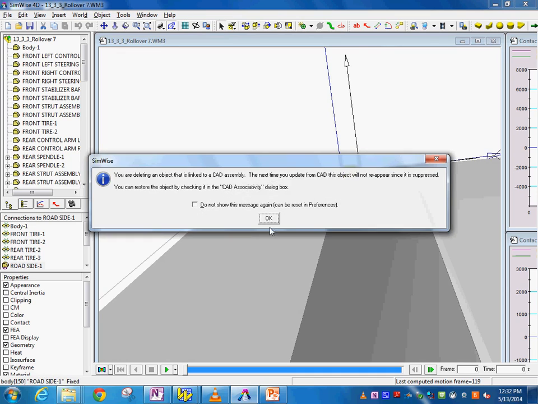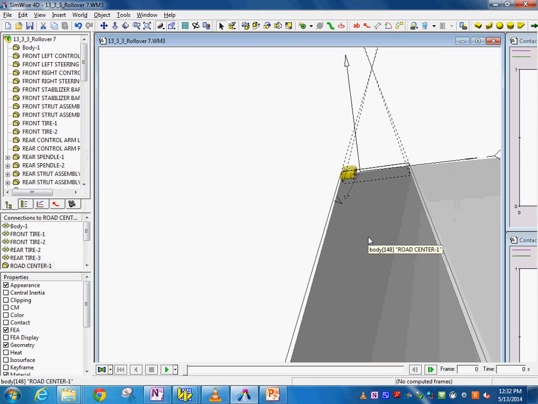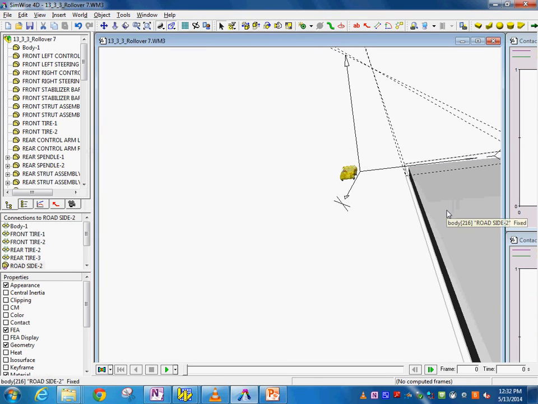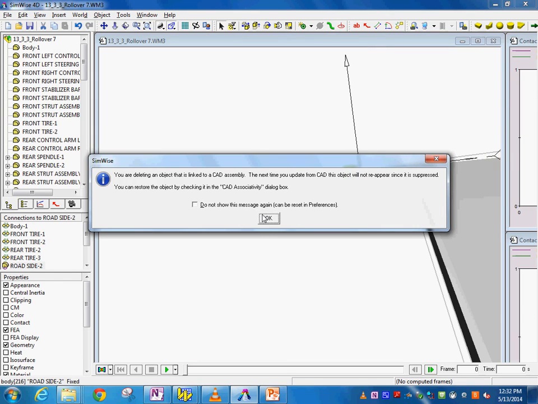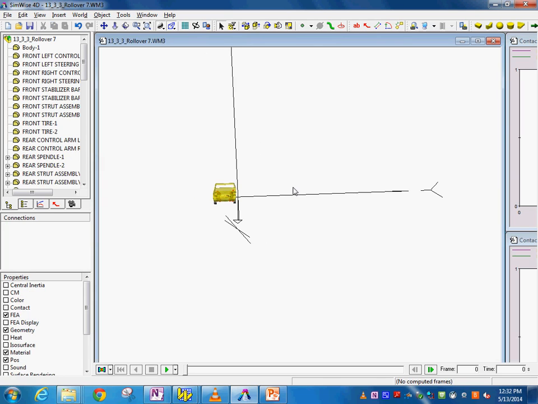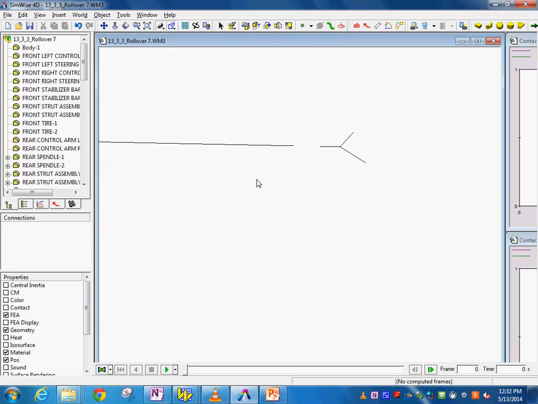Let's see, let's modify this. Okay, and I'm just going to get the vehicle here so that you can see how detailed the suspension of this is. So we're going to put the vehicle on the opposite side.